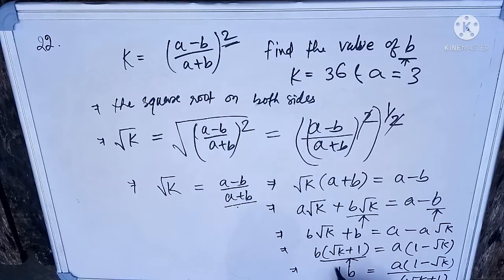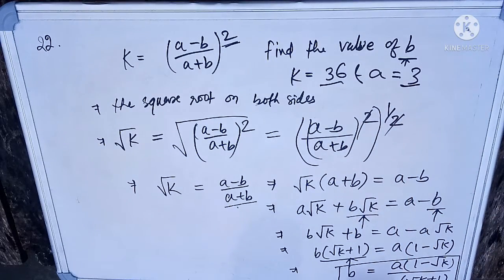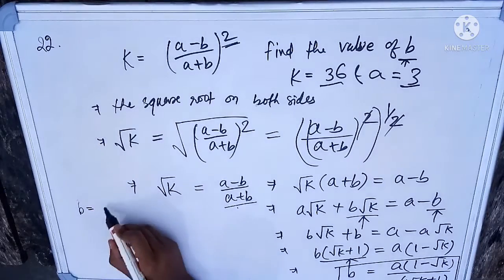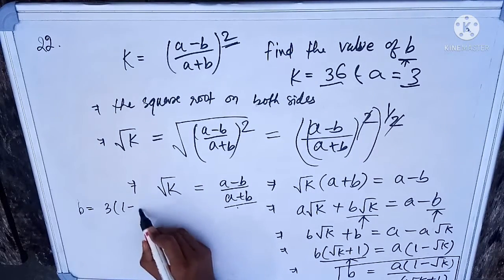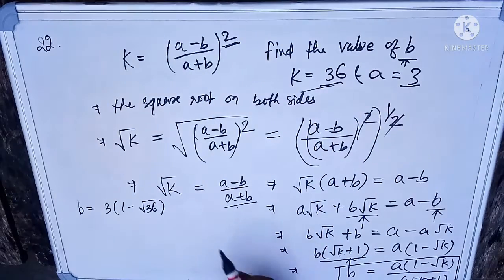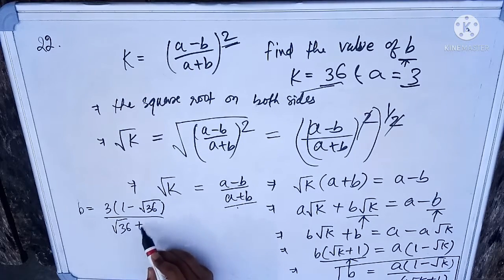So you see here we have made b the subject, and now we have to put the values of k and a to get the exact value of b. So b is equal to, we have a as 3 multiplied by (1 minus root under 36), because we have the value of k equal to 36 given in the question, divided by (root under 36 plus 1).